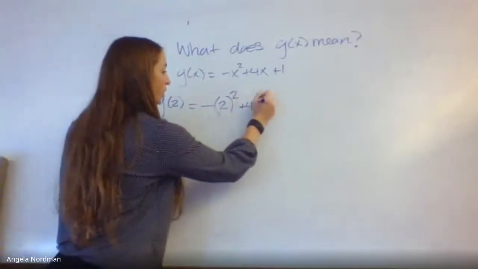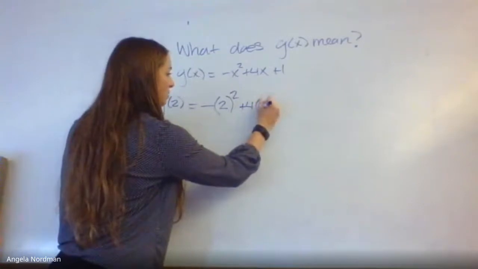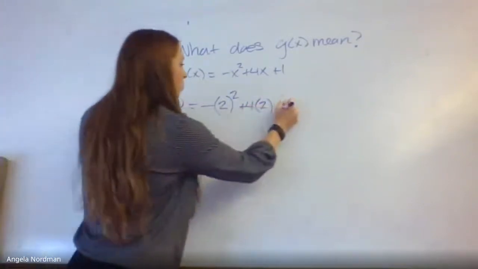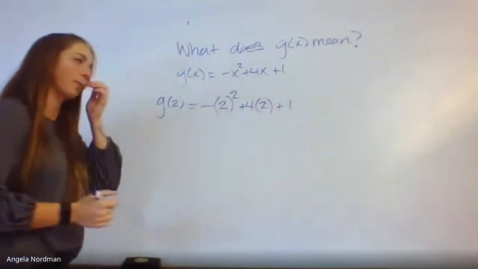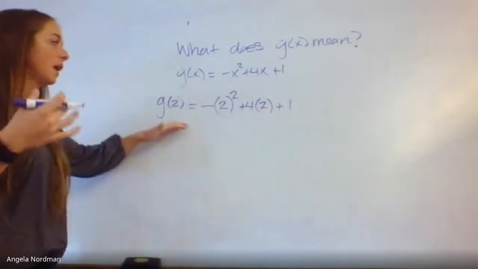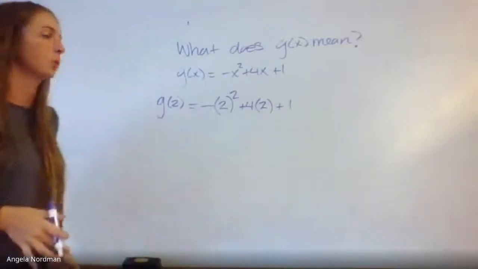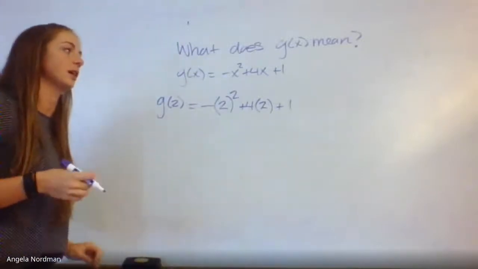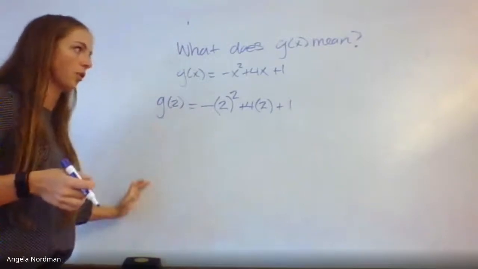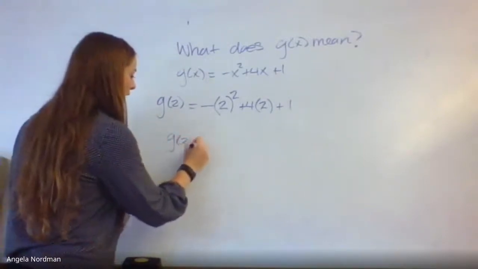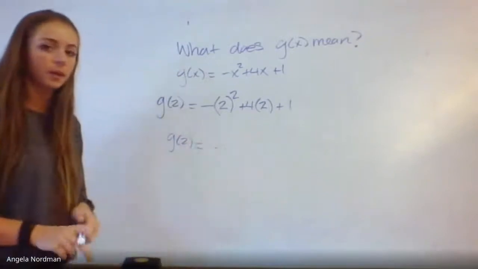I am only replacing the x with 2, meaning the 4 needs to stay there. This 1 still needs to come out from behind, okay? Then you would have to solve this all the way. Again, I don't want to take up too much time doing all of those little details, but you could solve this all the way and get that actual g of 2 answer, okay?